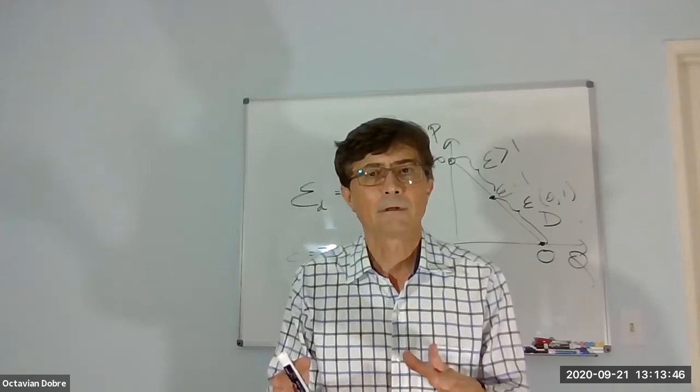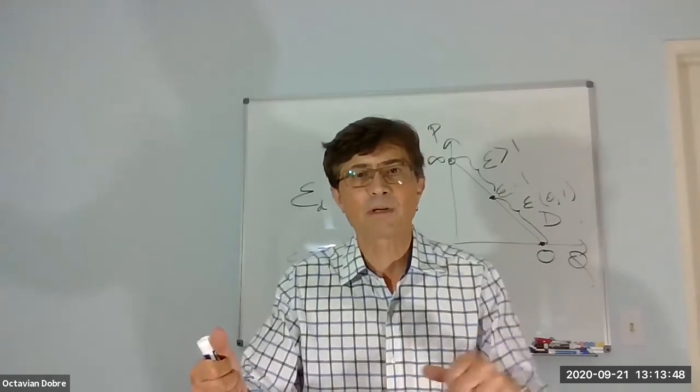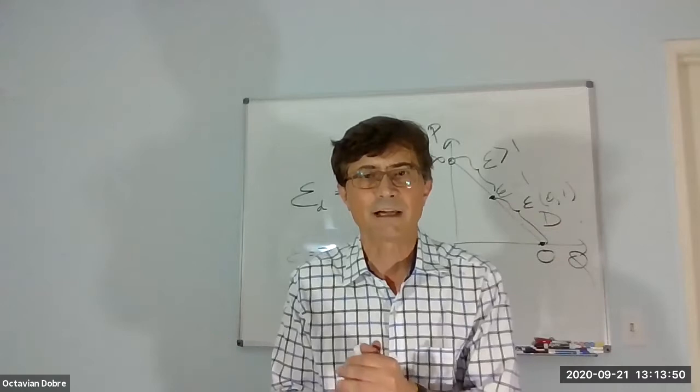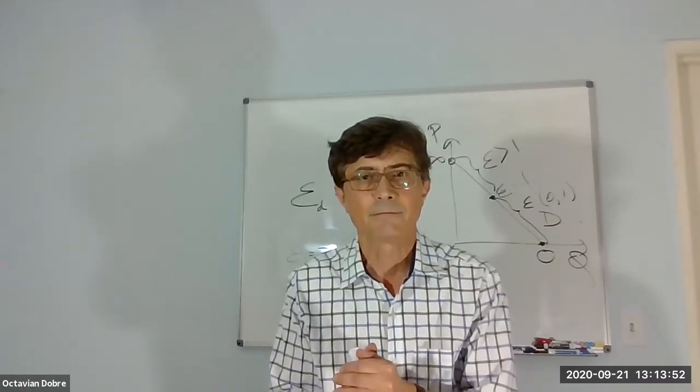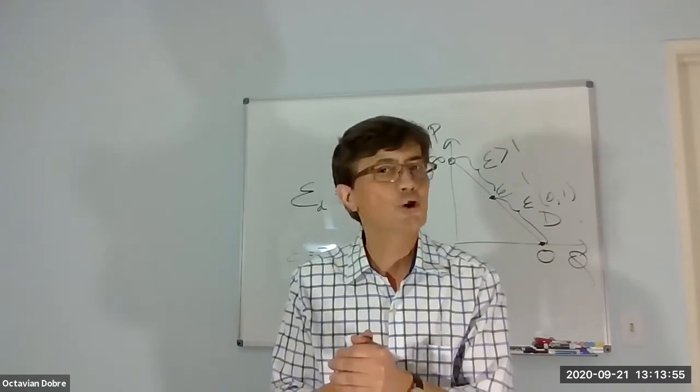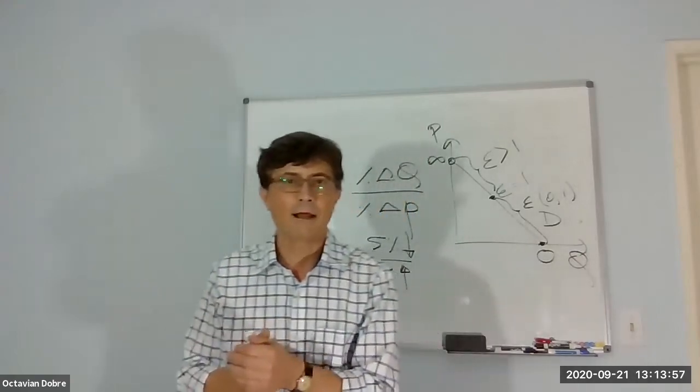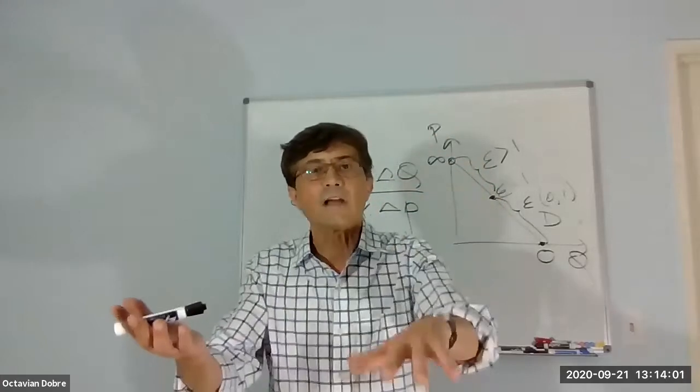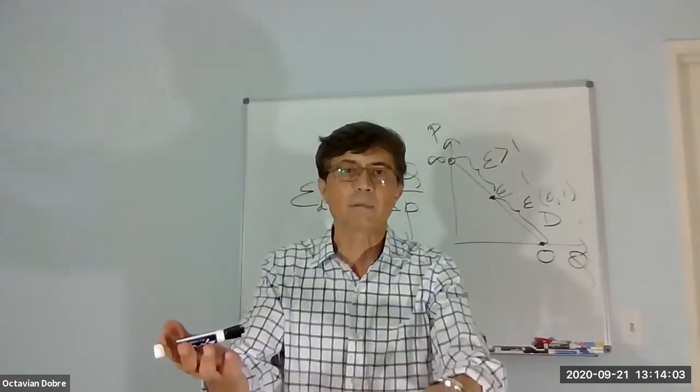Anyone? You raise the price 1%, and as a result, your sales go down 5%. You shouldn't do that, right? Because you gain from the increase in price, but you lose a lot from the lost sales because of that.